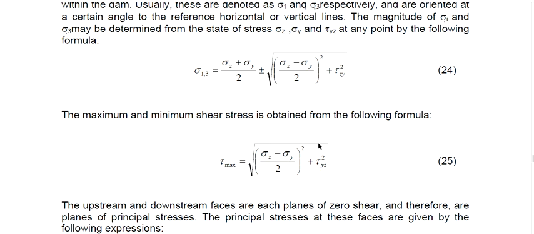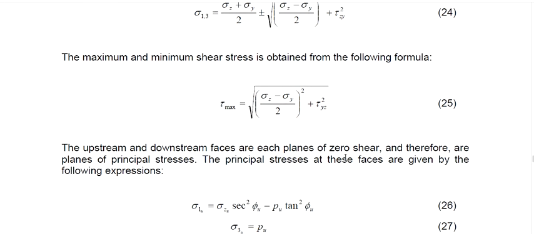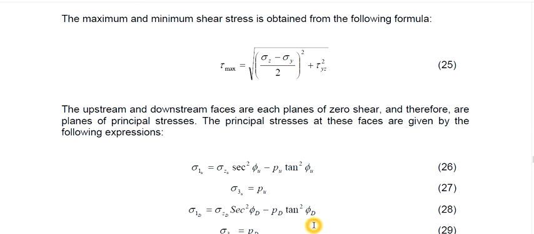If this value becomes 0, then sigma 1 is equal to (sigma z plus sigma y) by 2, or sigma 3 is equal to (sigma z plus sigma y) by 2. So the principal stresses at these faces are given as sigma 1 u is equal to sigma z u sec square phi u minus pu tan square phi u, and sigma 3 u is equal to pu.